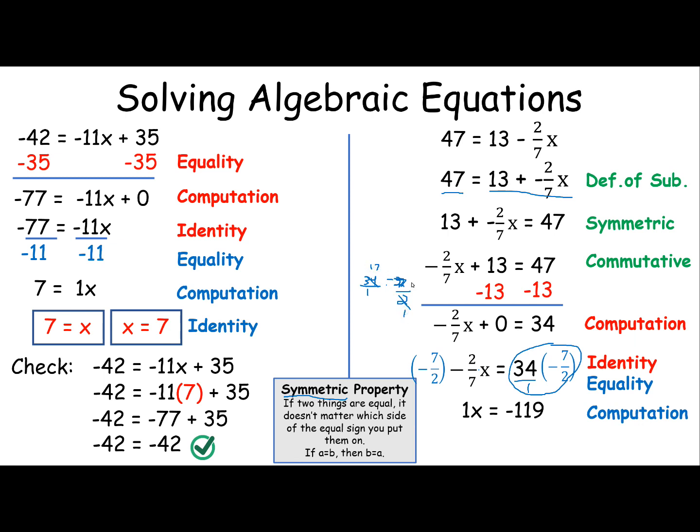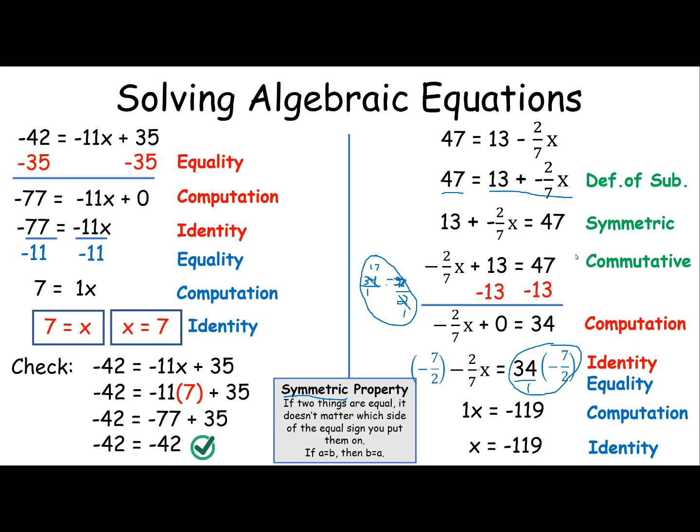Notice now it's 17 times negative 7, which is that negative 119. Just because I'm not showing the computation here on the video, please don't feel as though you should be ashamed for doing that. If I were doing this, I would work that out using my fraction rules. I just don't include it here for the sake of speed. Lastly, I can get rid of that times 1 using my identity property.